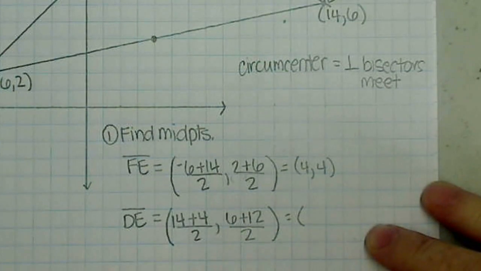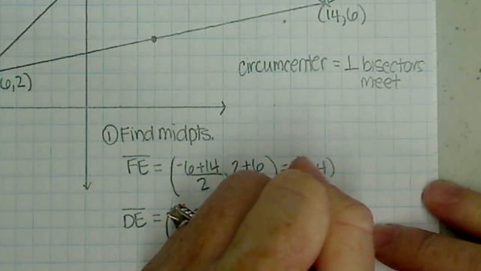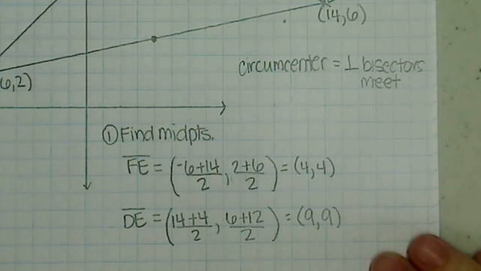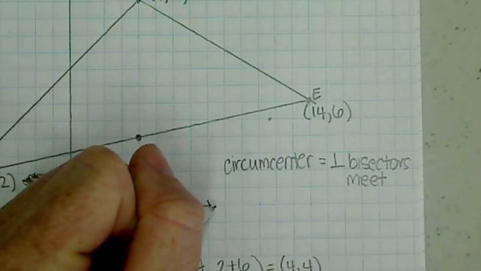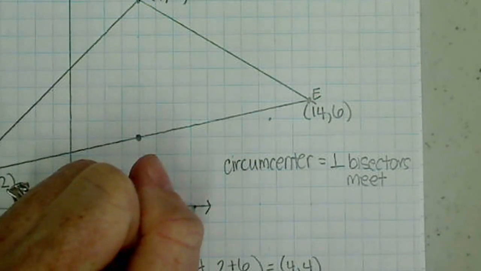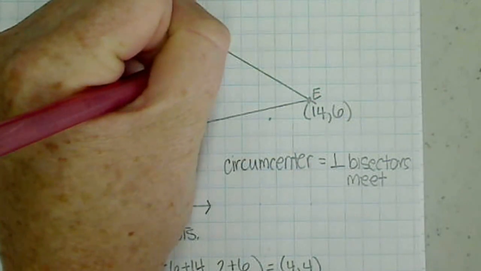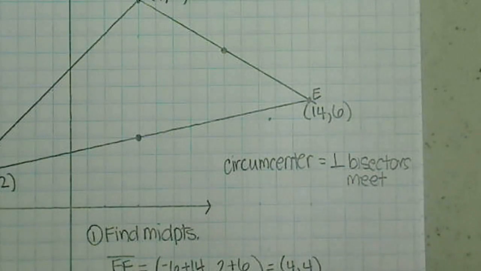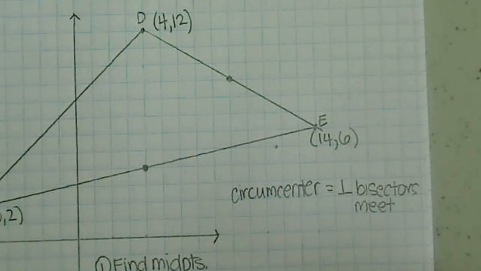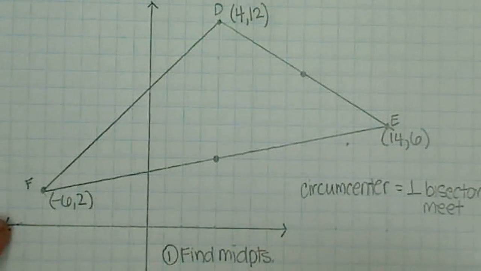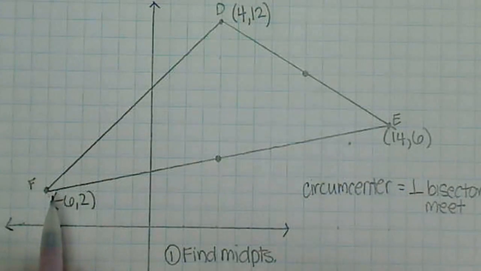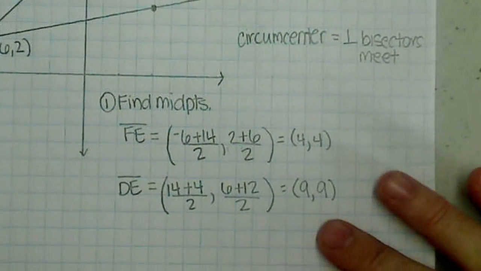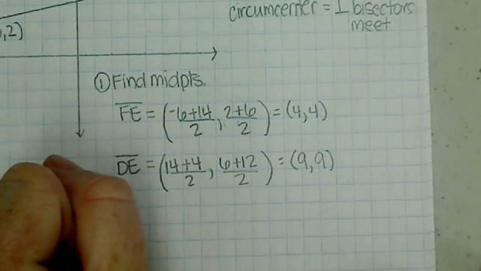That gives us the point 9, 9. On our triangle, let's find 9, 9. Right there. There's the midpoint of DE. We have one more side to find the midpoint. That's this line right here, FD, this side of the triangle. So let's find the midpoint of FD.